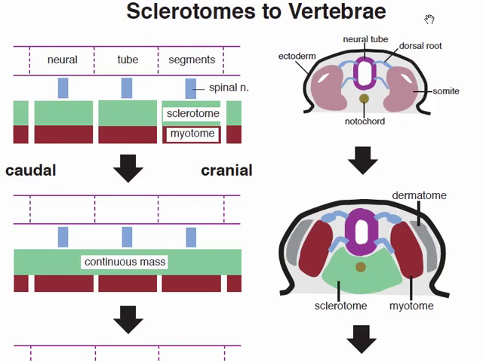This image diagrams the process by which sclerotomes give rise to vertebrae. On the right here, we see a very early stage where this is a somite. At a later stage in development, the somite has given rise to a dermatome, a myotome, and a sclerotome.